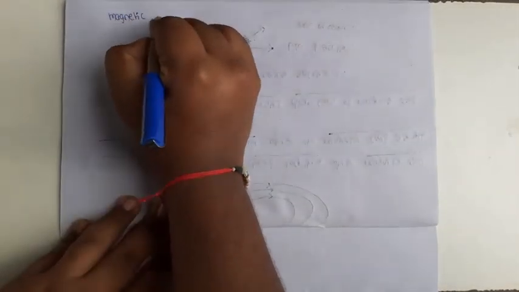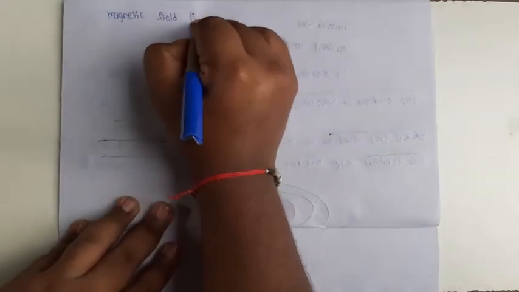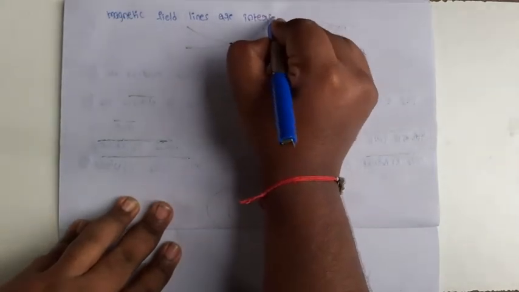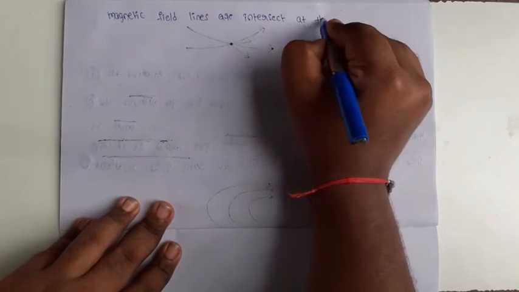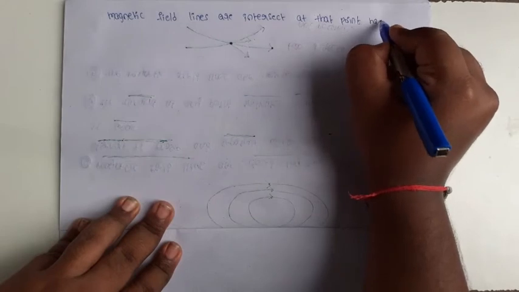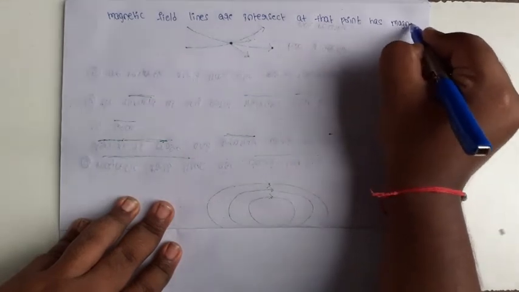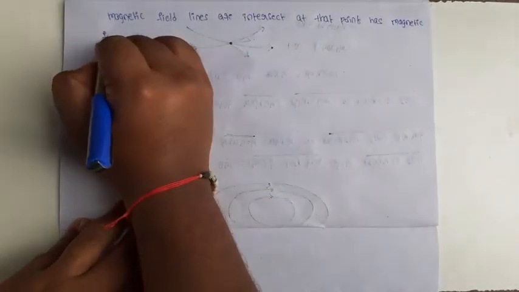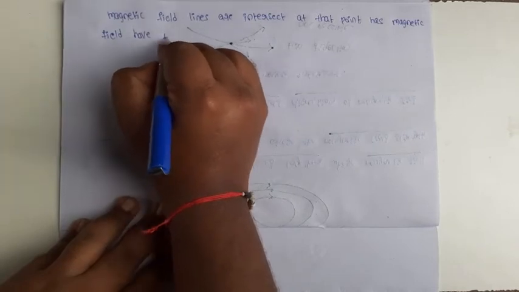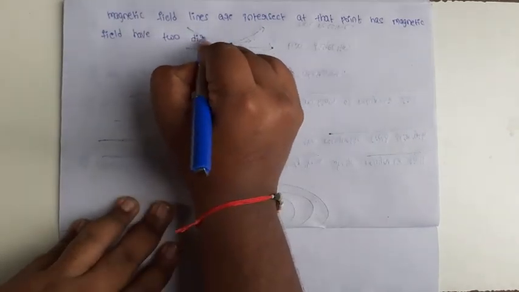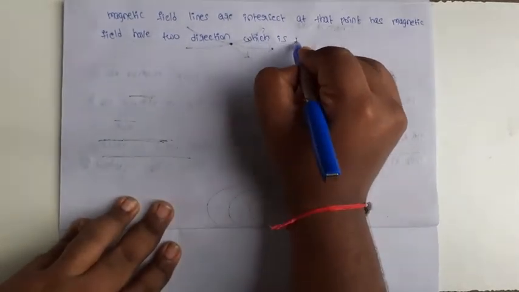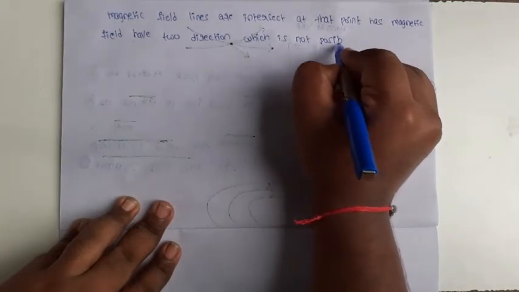If magnetic field lines intersect, then at that point the magnetic field would have two directions, which is not possible.